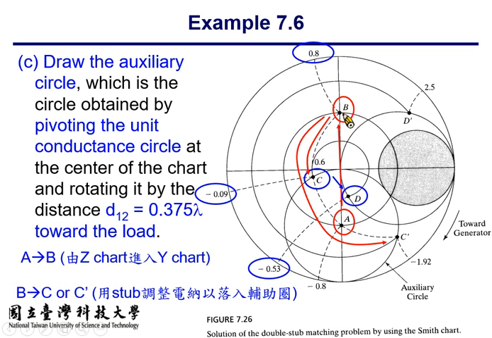For example, at point B, the susceptance is 0.8. At the intersection of the constant conductance circle with the auxiliary circle is point C, and its corresponding susceptance is minus 0.09. Therefore, the required susceptance to move B to C is what?